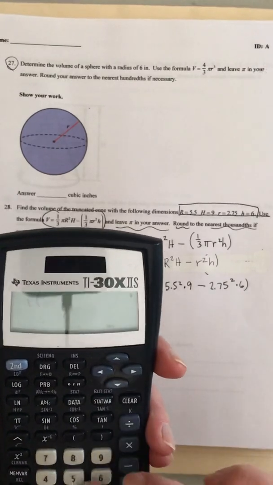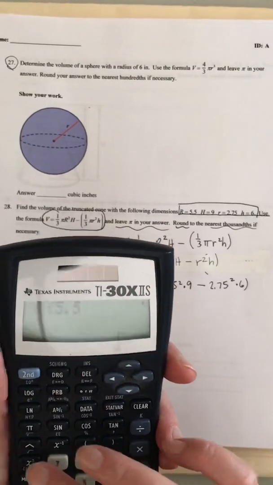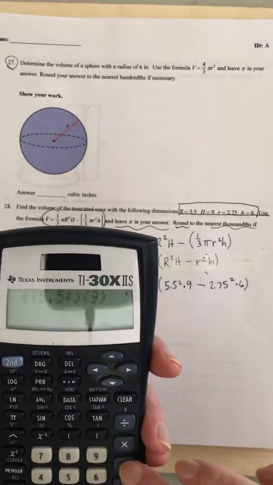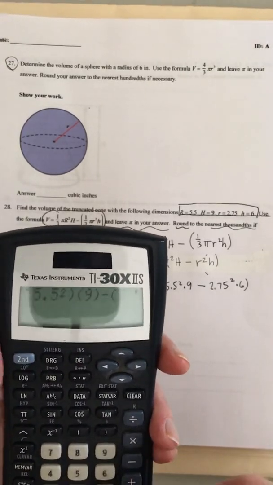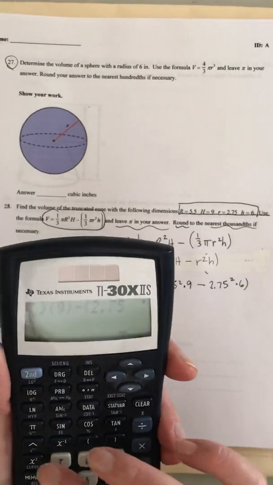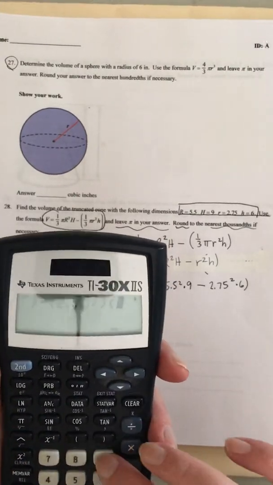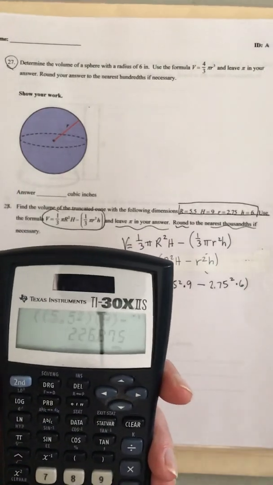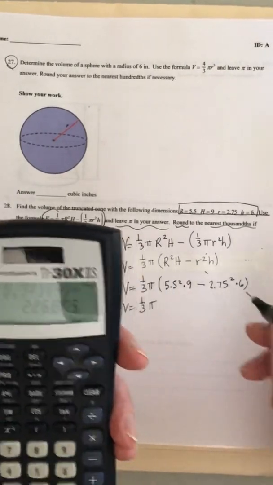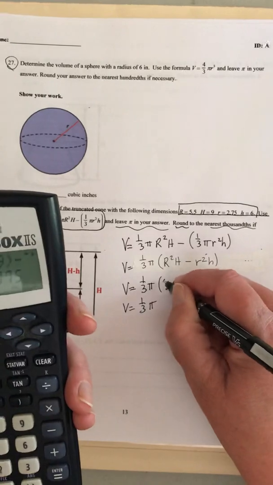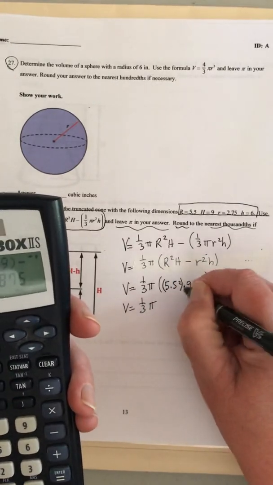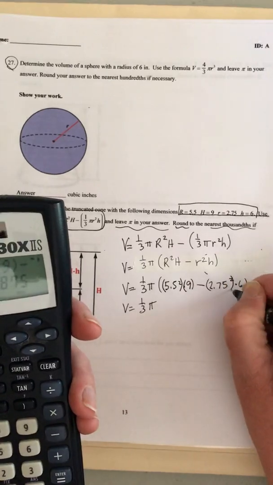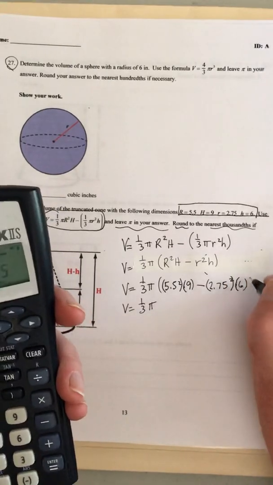Let's do some extra parentheses. 5.5 squared times 9 minus 2.75 squared times 6. How about now? There we go. So I added some extra parentheses in there. So I'm just going to do that on here, as that seemed to make the calculator a little happier.